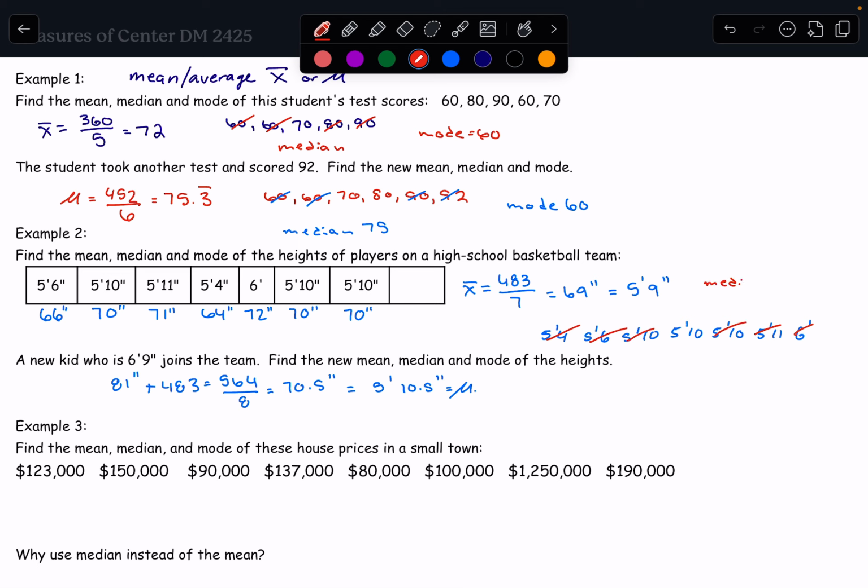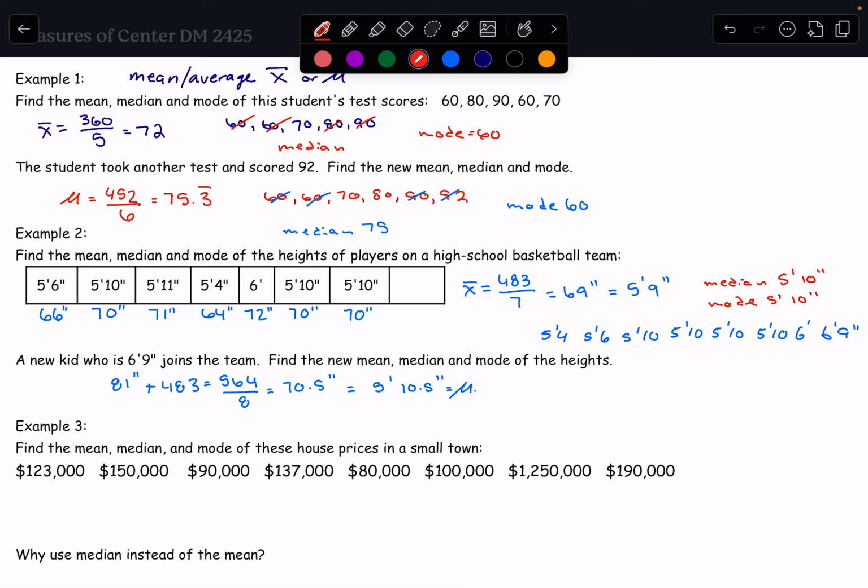So my median height is 5 feet 10 inches, and my mode, the height that shows up the most, is 5 feet 10 inches also, okay? Now if I add in my new player, then I've got this 6 foot 9 inch guy.